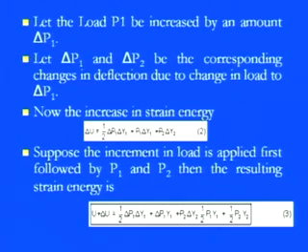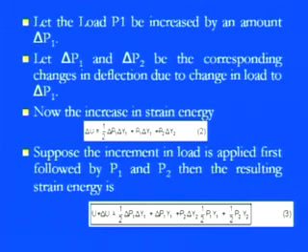The increase in the strain energy due to the additional part is delta U, the incremental part, which is equal to half of delta P1 delta Y1, because the additional P1 is coming in, and due to this additional part we have the additional deflections delta Y1 and delta Y2. So the total part is P1 delta Y1 plus P2 delta Y2.